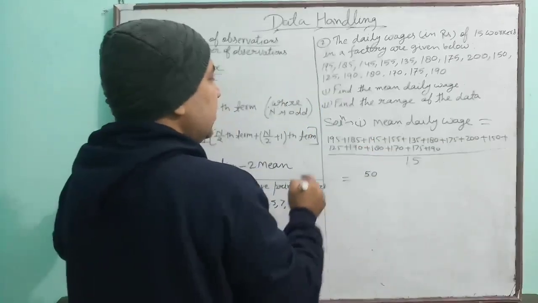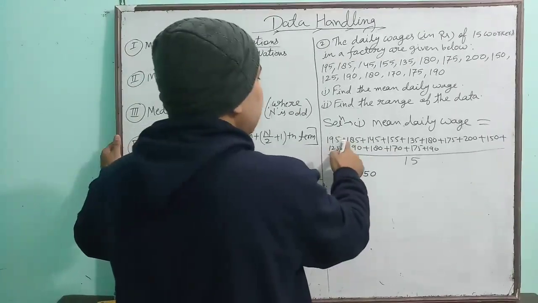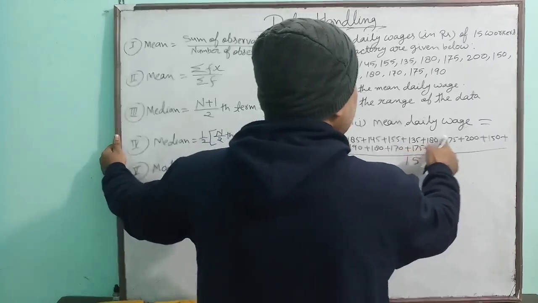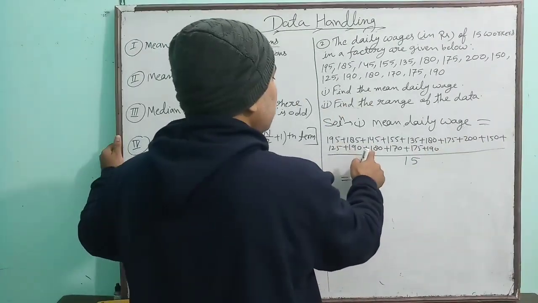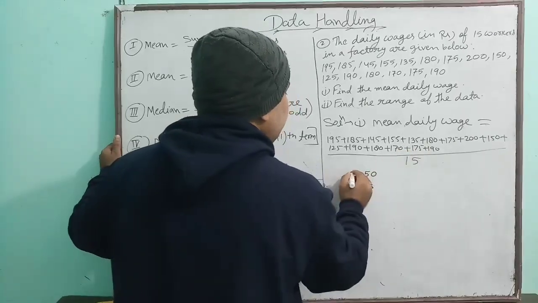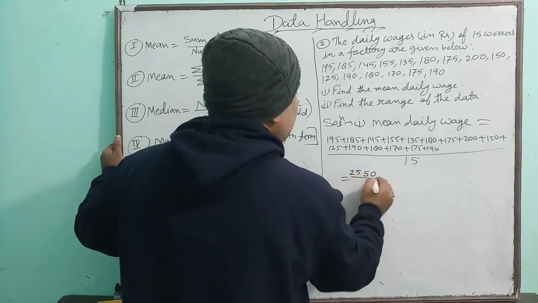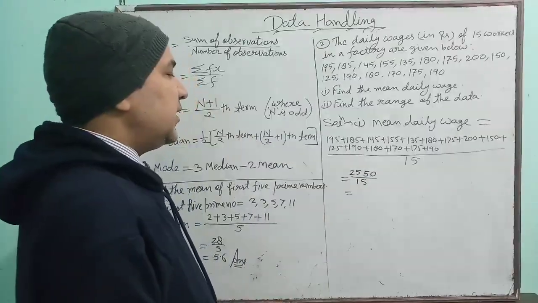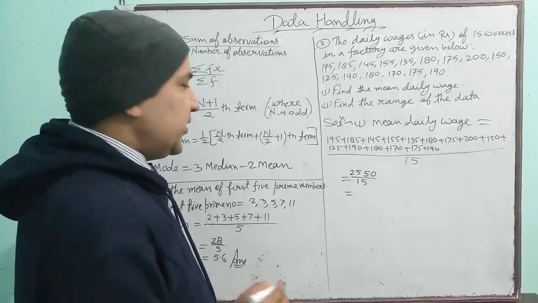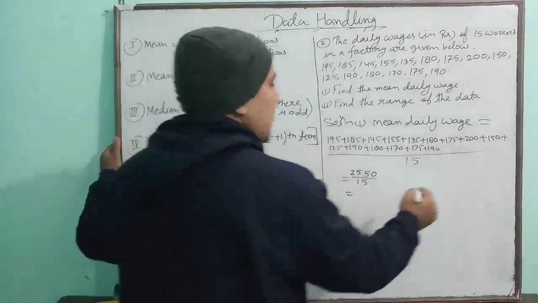So 9 is the carry on. Then adding the hundreds digits and the carry, we get 25. When you add all these numbers, you will get 2550 rupees upon 15. Now divide and get your answer.